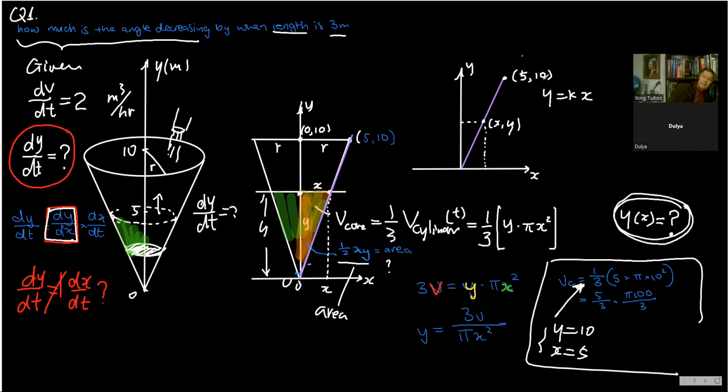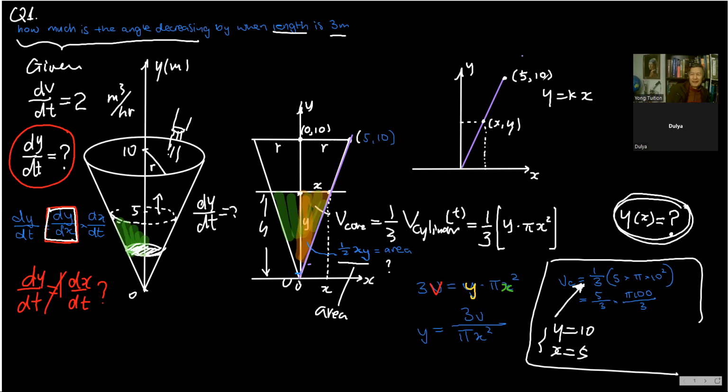dy/dx equals k. What is k? If you don't know k, what's the point? K is not a number yet.